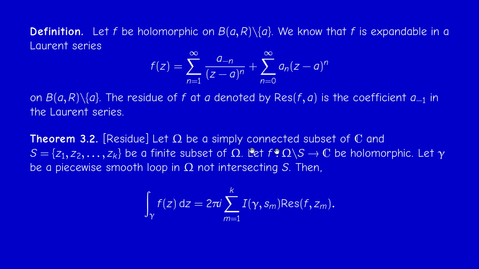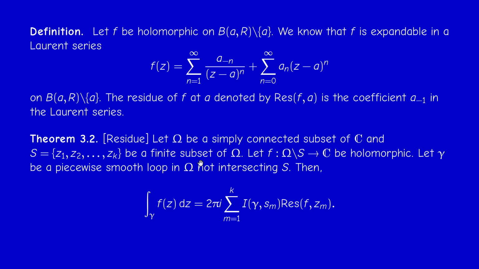If omega is a simply connected subset of C, and we have a finite set z1, z2, zk that I call S, a finite subset of omega, and we have a holomorphic function on omega without S, so z1, z2, zk are the singularities of f.